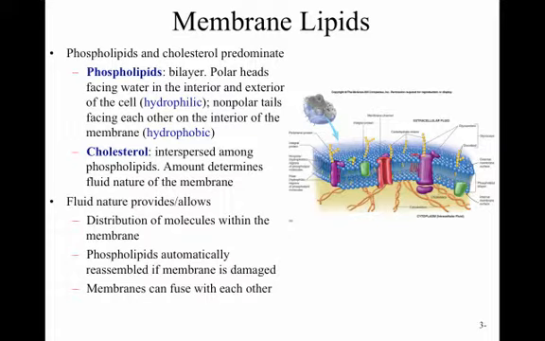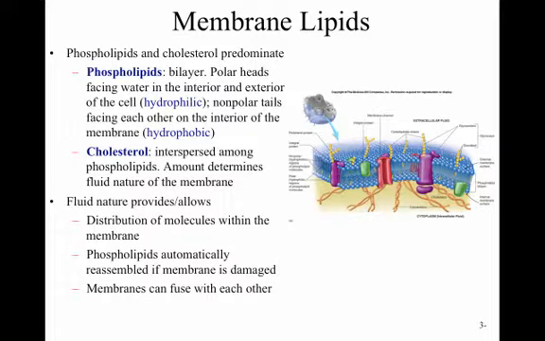City of brotherly love. Never heard of that? So it's water loving. Philo is the Greek prefix or Greek word for loving. Yep. And water's polar, and so the polar part is hydrophilic, and then the hydrophobic tails are pointing into each other because they don't want to touch the water on the inside or the outside of the cell.